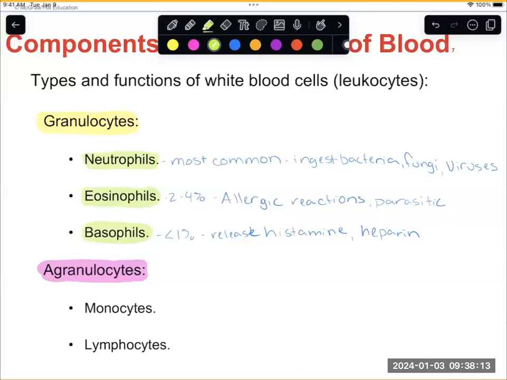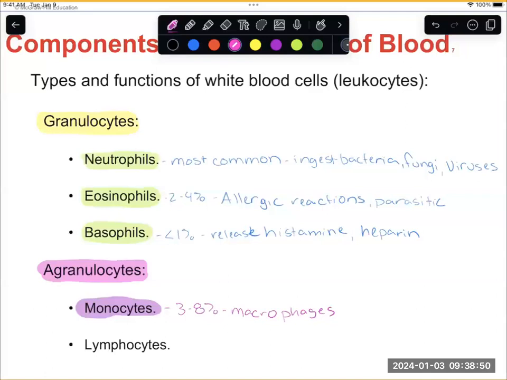Now we have the agranulocytes. We have 2 of those. The first one is a monocyte. Monocytes are maybe 3 to 8% of the total amount of white blood cells out there. And these are going to leave the bloodstream where they become macrophages.